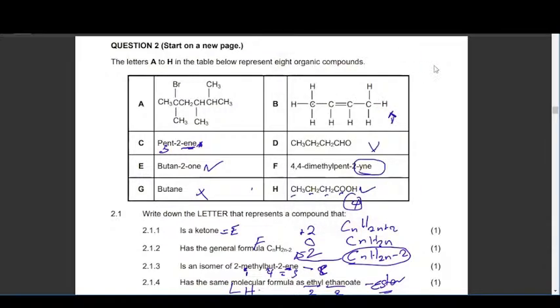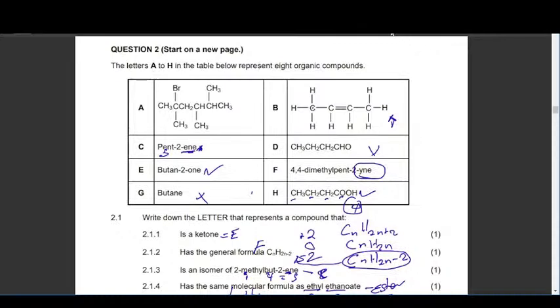It's going to be hexane. Hexane, yes. If it is hexane, what are the positions 1, 2, 3, 4?